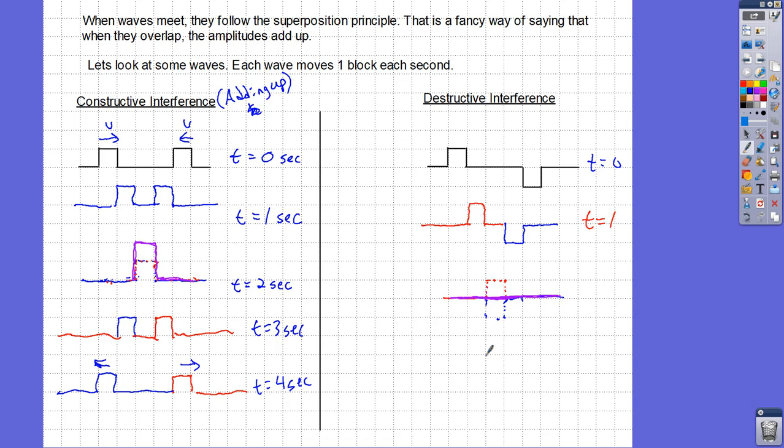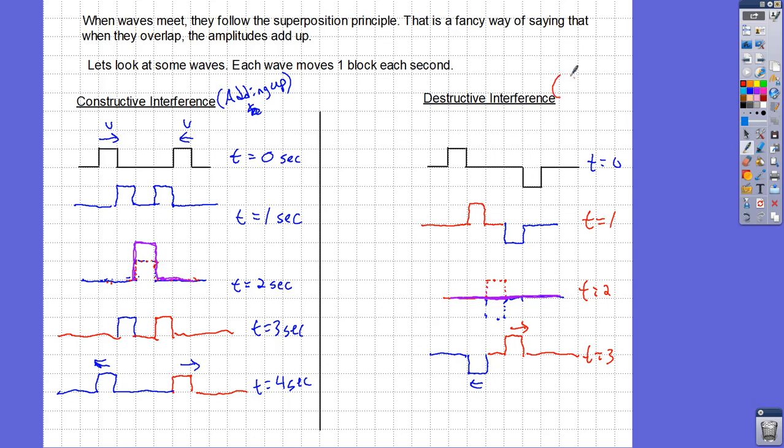So we have one going to the left, we have the other going to the right, and again it's as if nothing ever happened. So t equals 2 and t equals 3. Okay? So that is destructive interference.